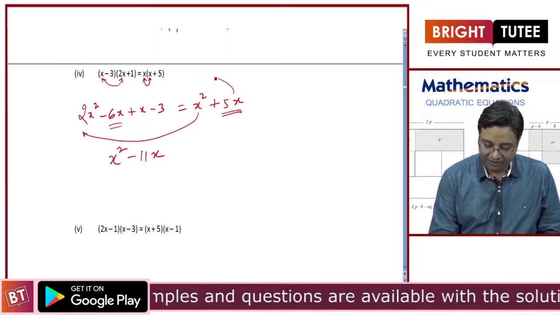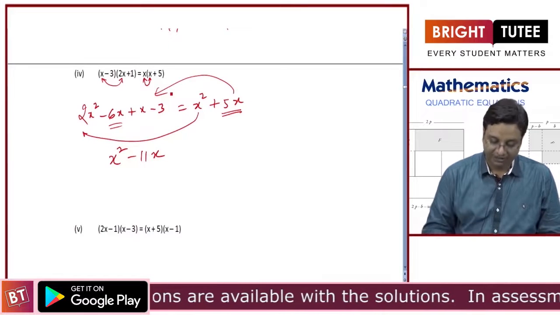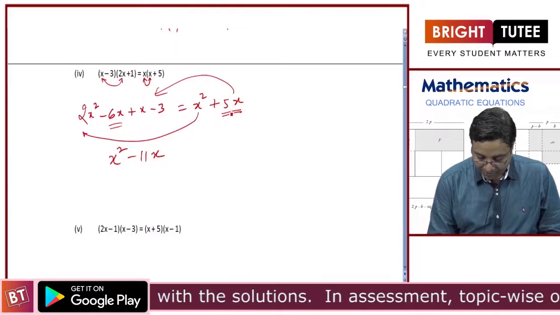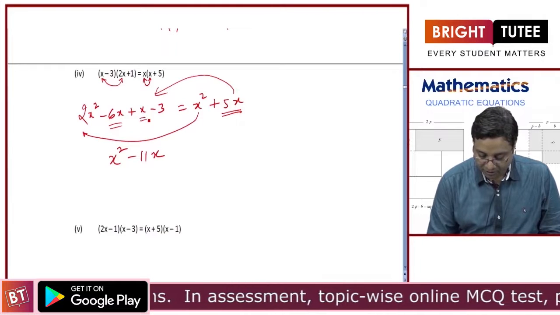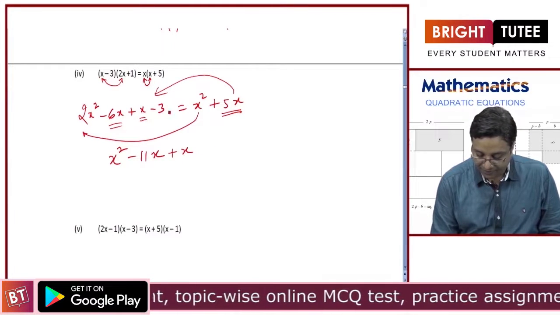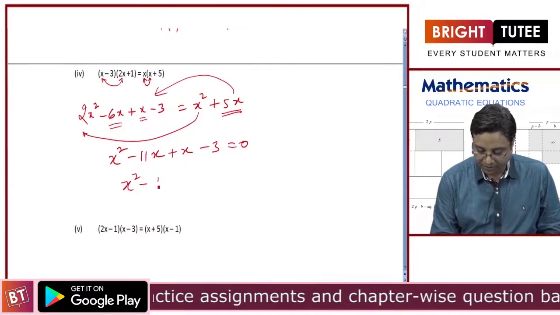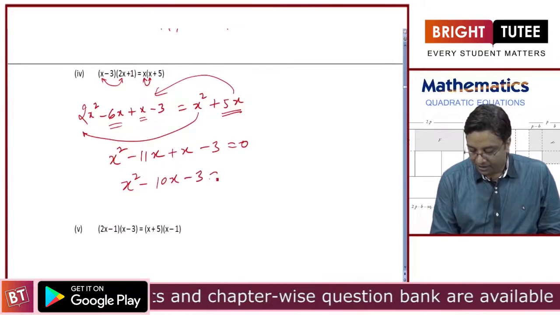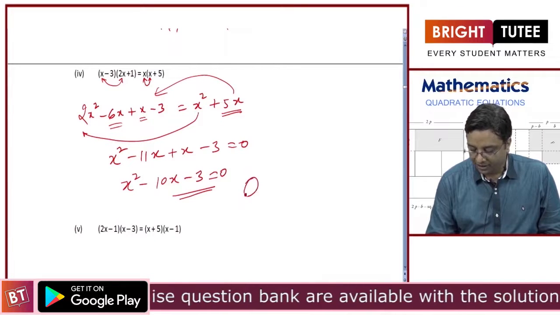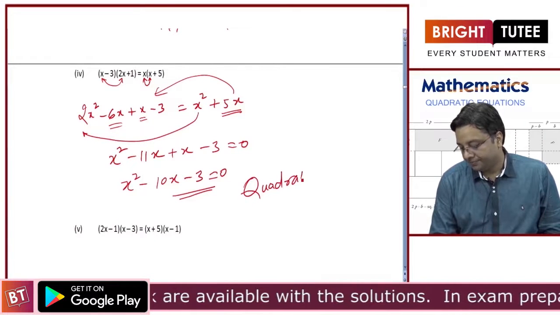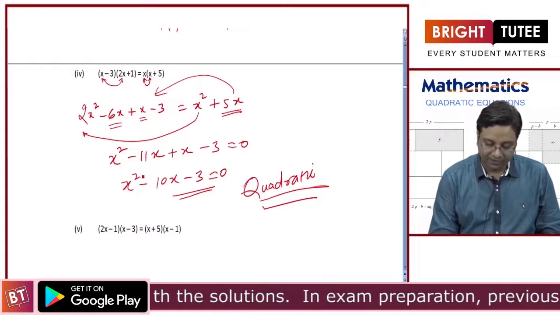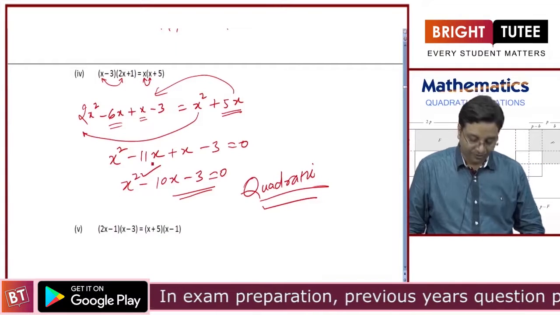When I take this 5x to the left hand side, it will become minus 5x, right, minus 11x, and this x is also left there, so plus x minus 3 equal to 0. So it will be x square minus 10x minus 3 equal to 0, which anyways is a quadratic. Why? Because the highest power here is 2.